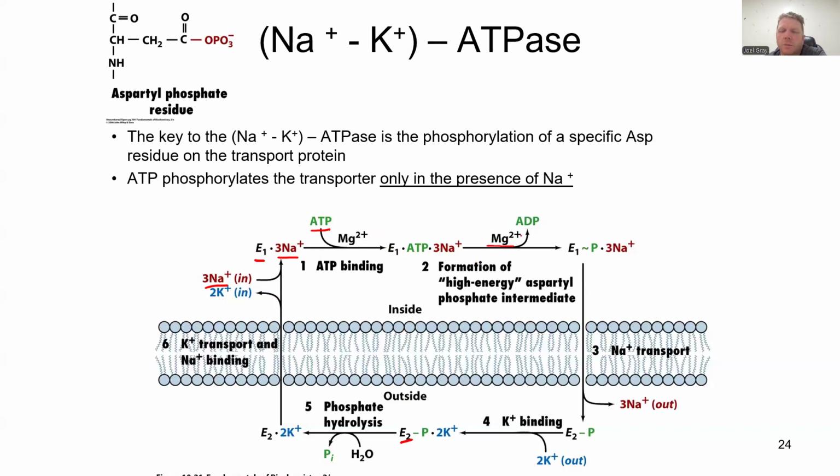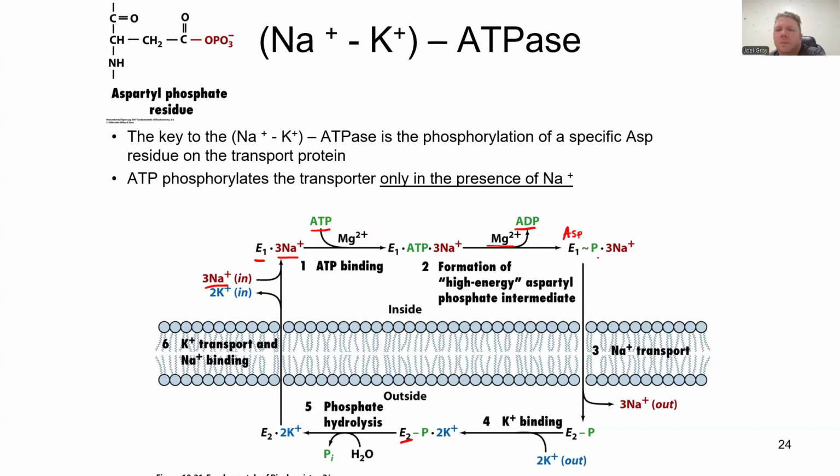And then, lo and behold, it doesn't release ATP, but rather it's going to release ADP. Where did that third phosphate go? That went on to an aspartate or an aspartic acid on E1. So that residue gets phosphorylated.